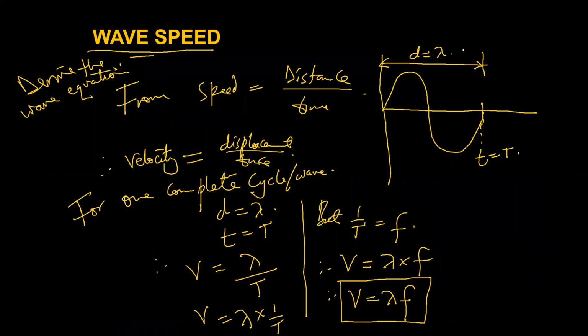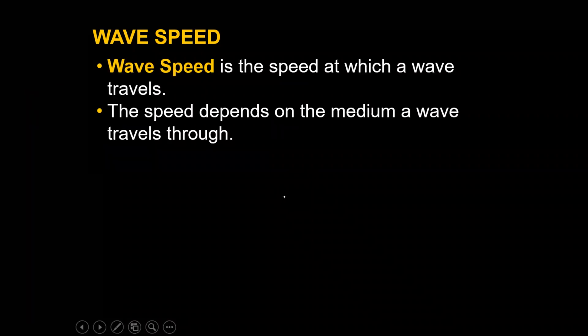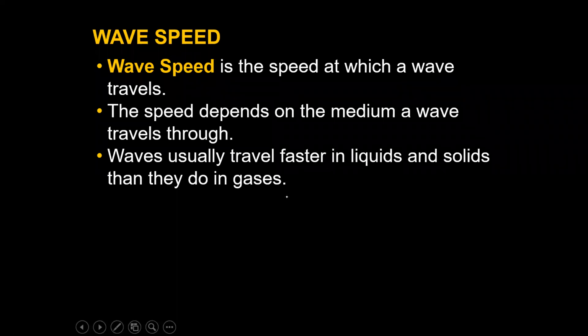Let's try out some numbers here. So wave speed is the speed at which the wave travels, in other words, the distance covered in 1 second. We've already talked about this.